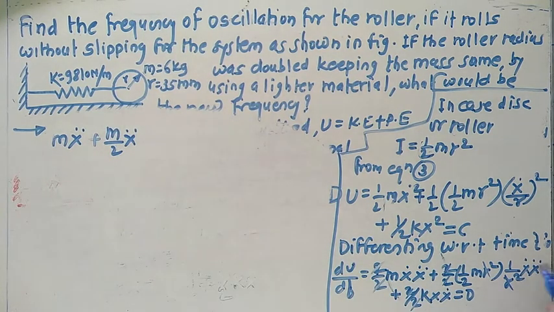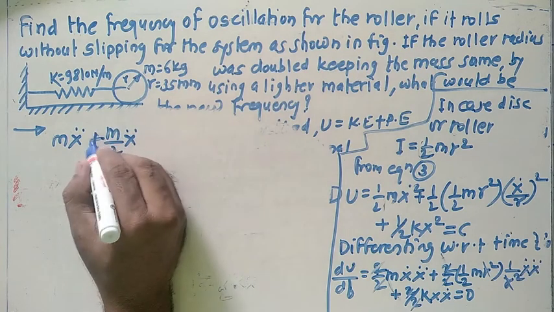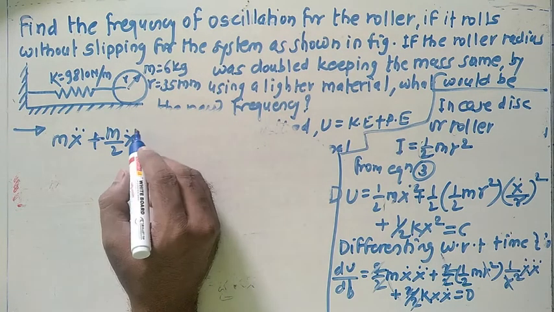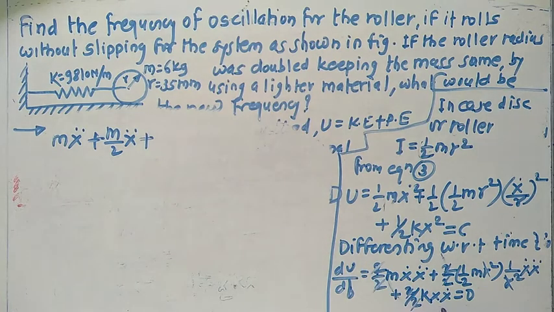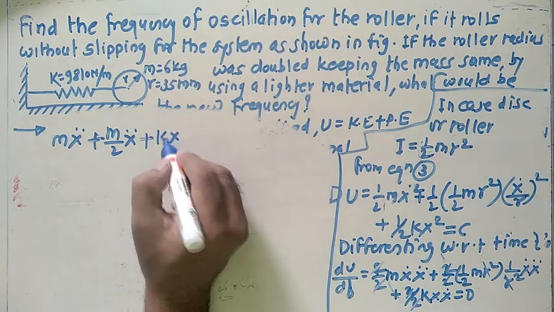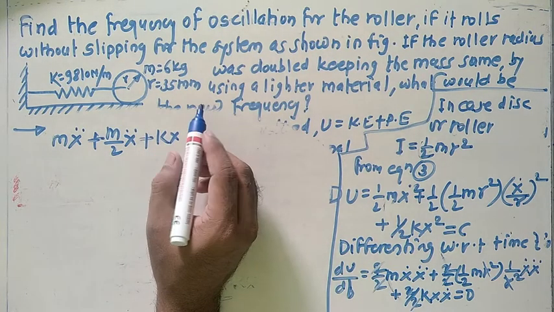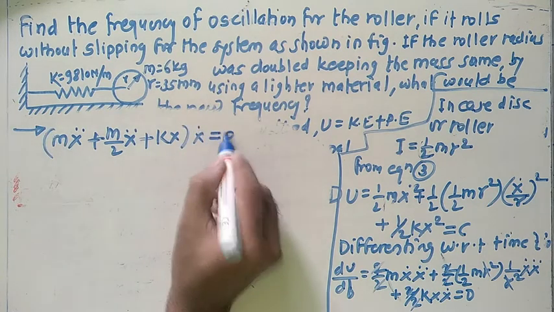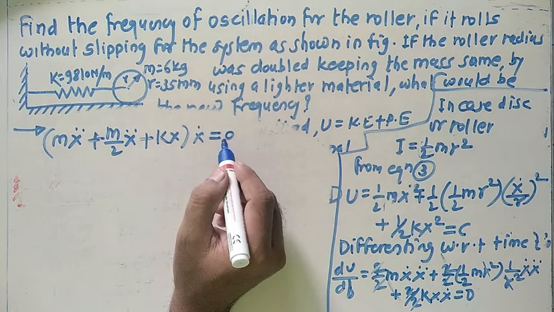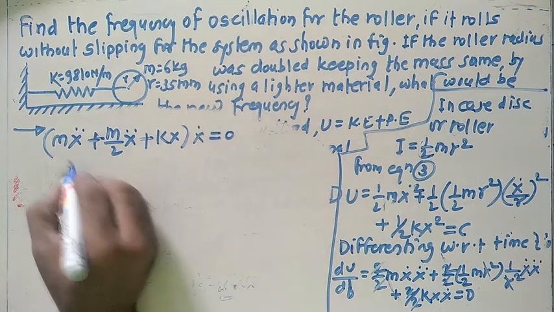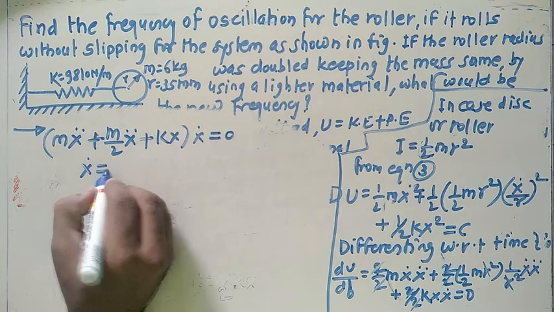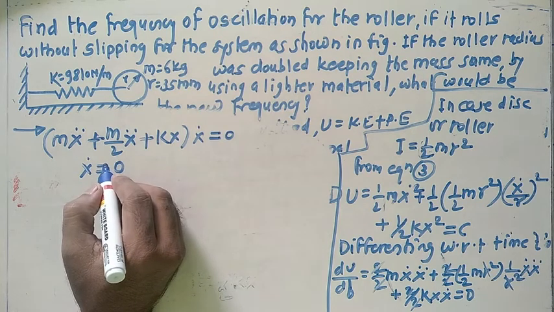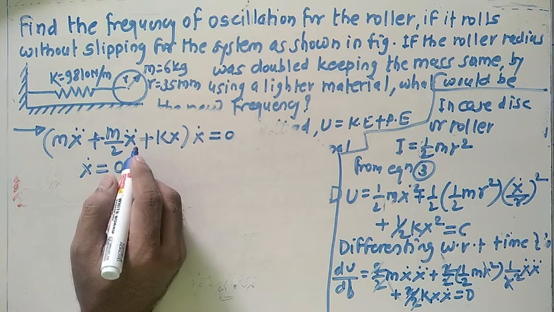Since our plan is to take x dot as common, I will not write x dot here. Next we get k into x, take x dot as common and equate with 0. As per our previous discussion, this x dot should not be equal to 0. So what is the next one?